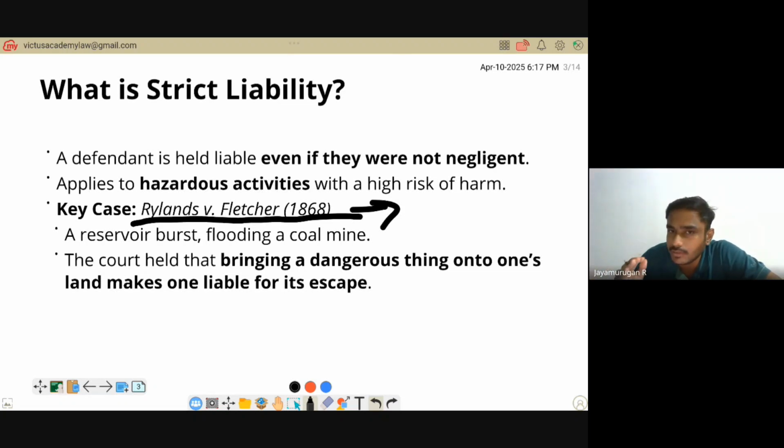For strict and absolute liability or vicarious liability to be applicable in a certain case, that case needs to satisfy a few elements. You understand? Okay, only when it satisfies all the elements which I'm going to state in a short while, that case is qualified enough for strict liability to become applicable.